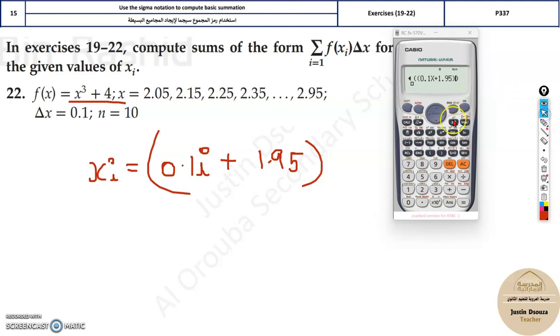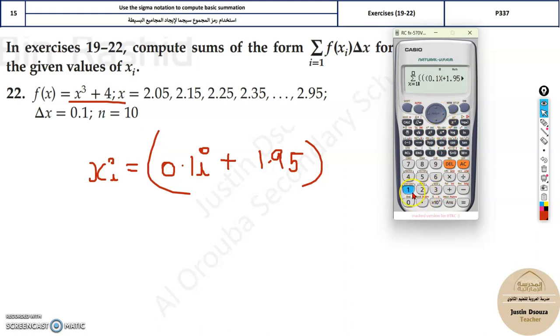Now, this much is cubed, because it's x cubed. Now, add this with 4. Close the bracket and now multiply. Have I used the brackets properly? No, I have not. I open a bracket, again I open, and then that closes, and now one more also closes. Now multiply it with delta x, that is 0.1.